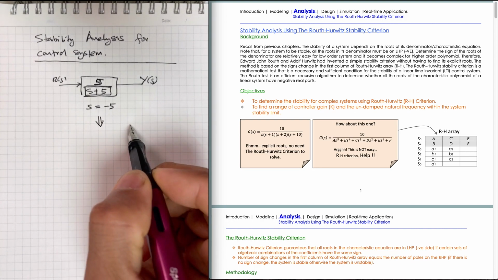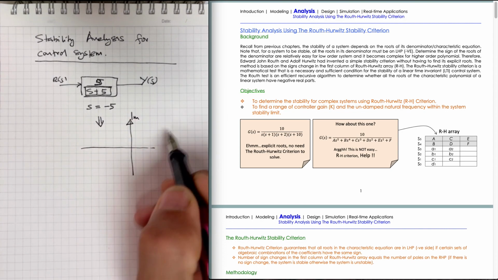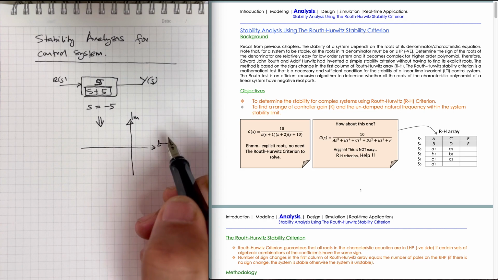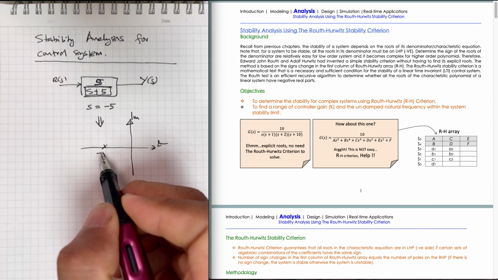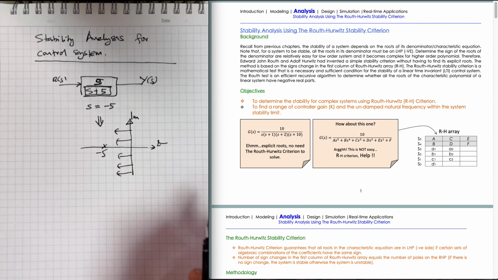If we plot this on the s-plane, it is on the left-hand plane, and hence the system is stable, right?